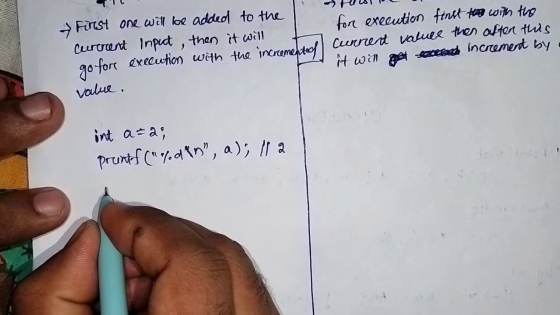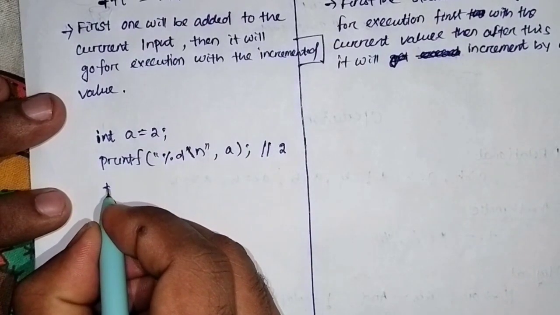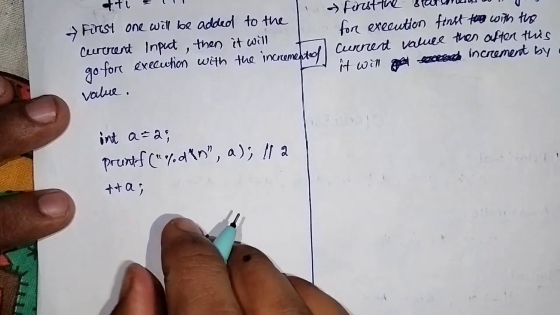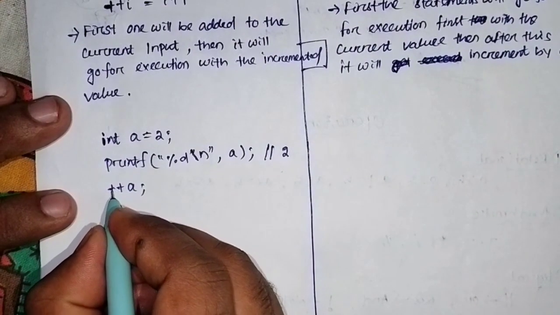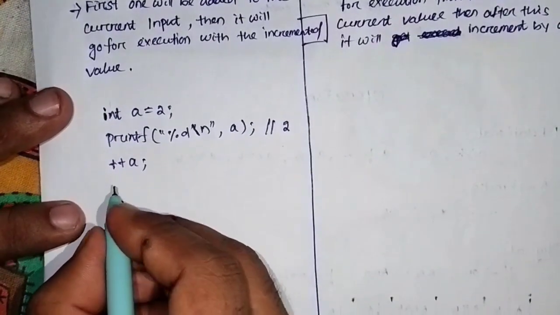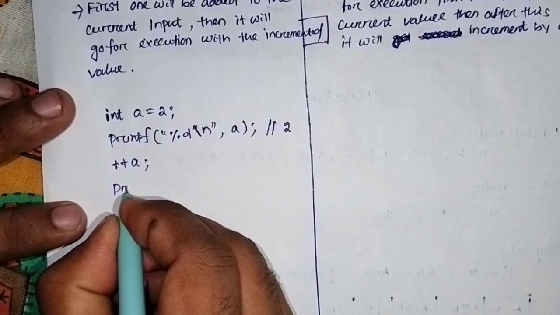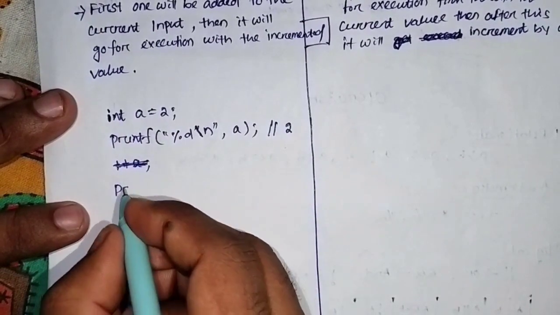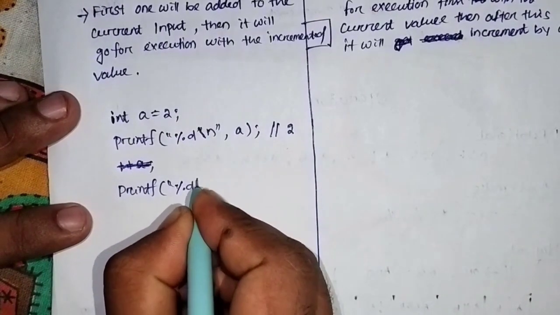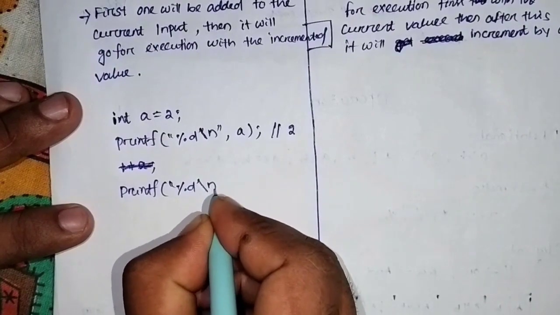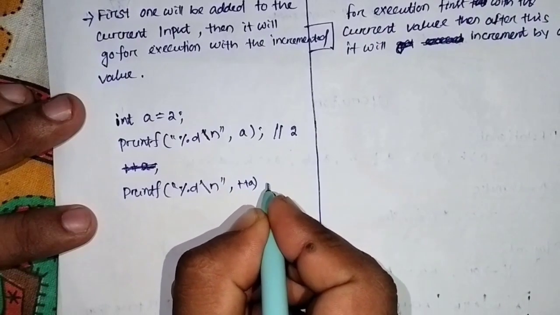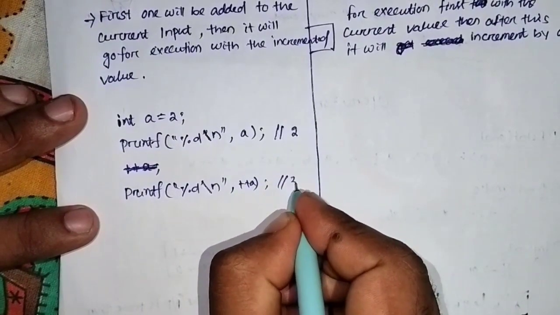Next come to the incrementation. Here you may see I have used \n. I will say about it after some time. If we write printf("%d\n", ++a), it will give us 3, because here ++ is added before a.